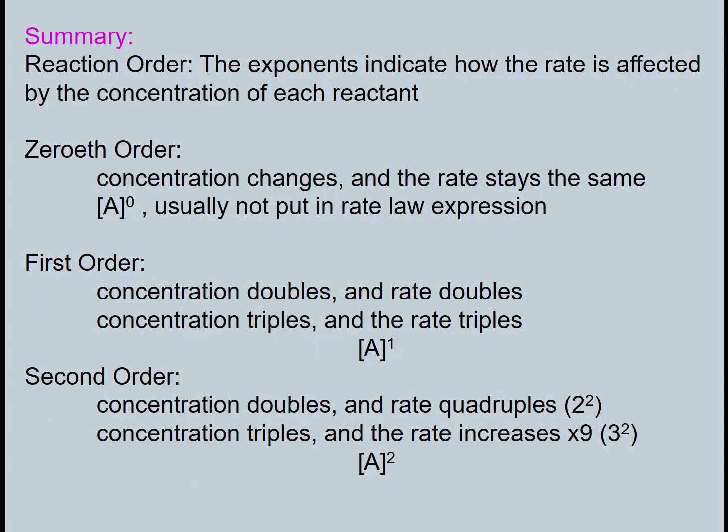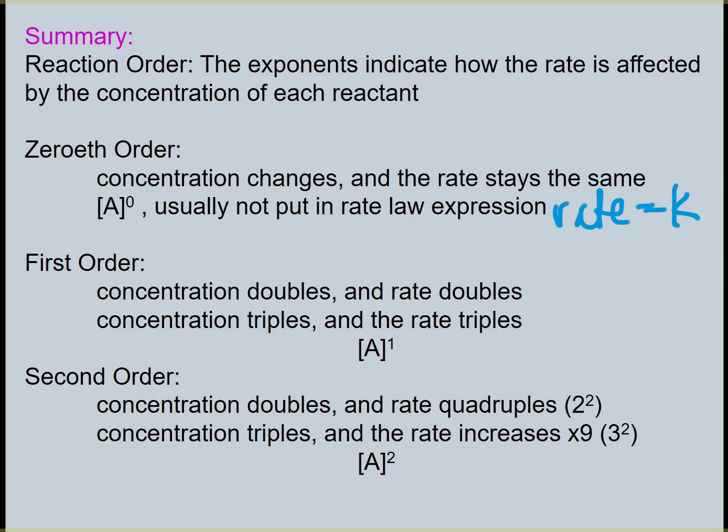In summary, we look at the reaction order. The reaction order is determined by the exponents, and the exponents indicate how the rate is affected by the concentration of each reactant. In a zero order reaction, the concentration changes, but the rate will stay the same. Usually you don't put the concentration in the rate law. Instead, the rate is just equal to the rate law constant.